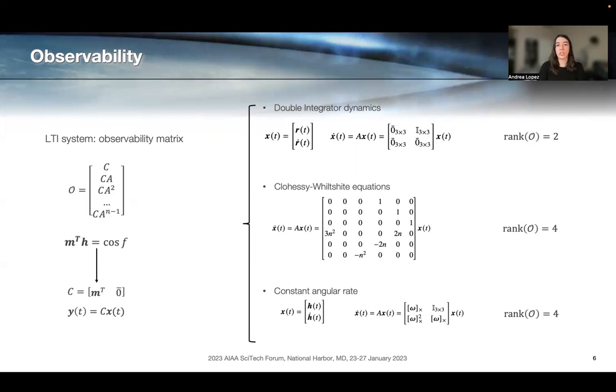We looked at 3 prototypical cases: a double integrator, CW equations, and a constant angular rate. And with this measurement model, all of these 3 cases were unobservable.